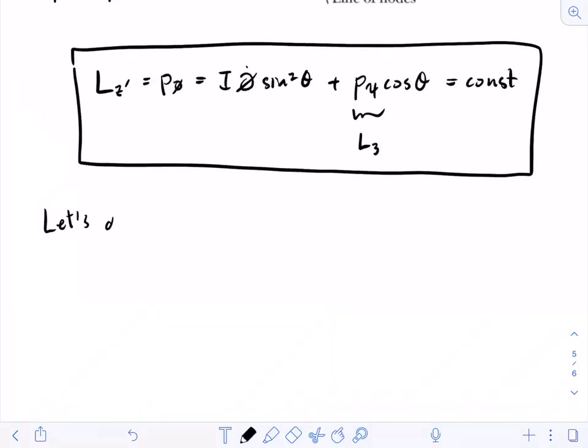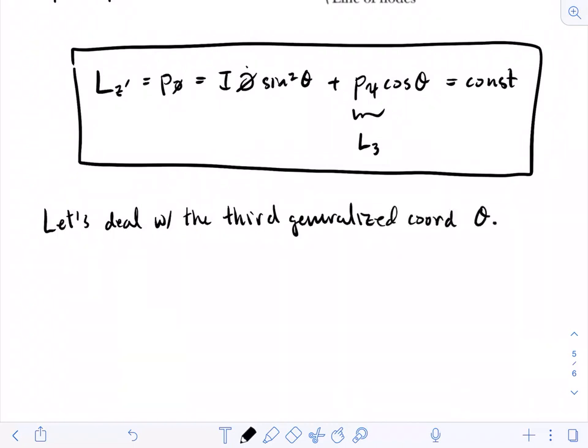So let's deal with the third generalized coordinate, theta, and the equation of motion for the theta coordinate is going to be given by the usual expression.